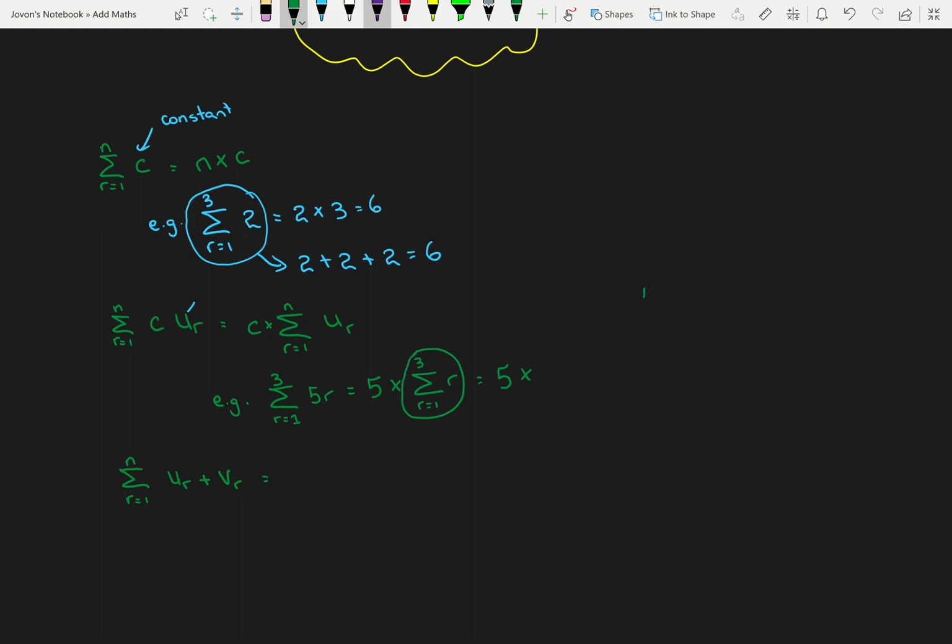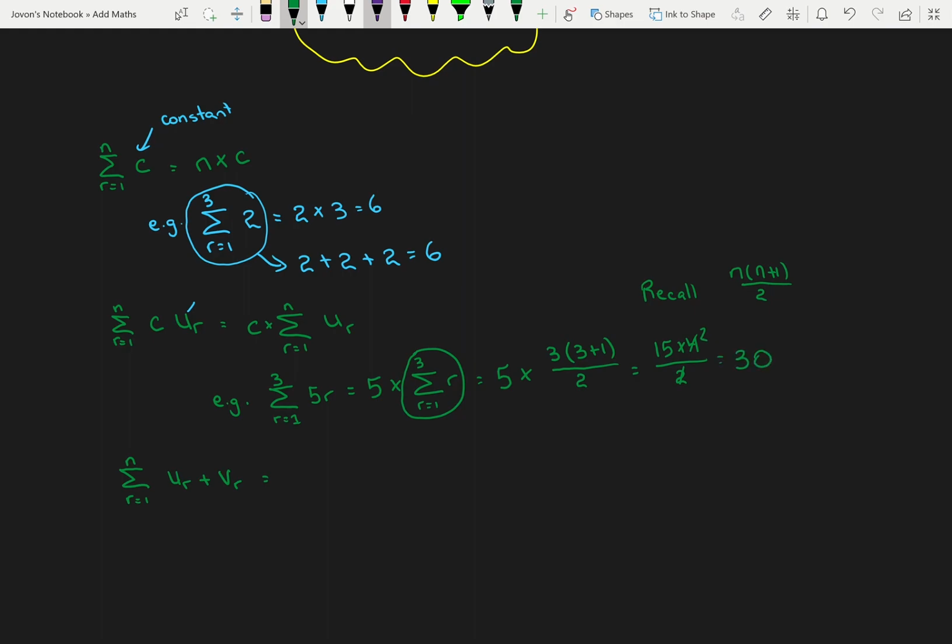The equation for this, if we recall, is n into n plus 1 all over 2. So this is equal to 5 times 3 into 3 plus 1 all over 2, which is equal to 15 times 4 over 2, which is equal to 30.